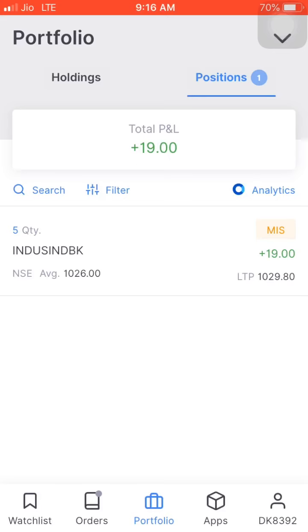We are going near our target of 20 rupees. Let's wait.